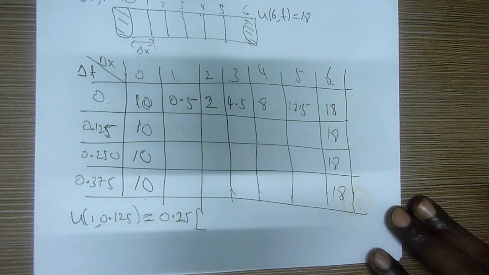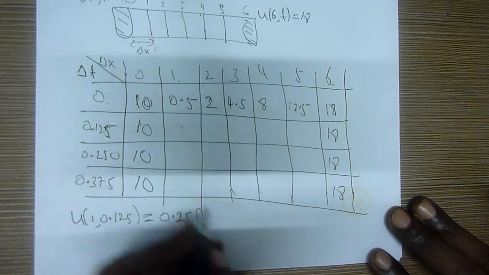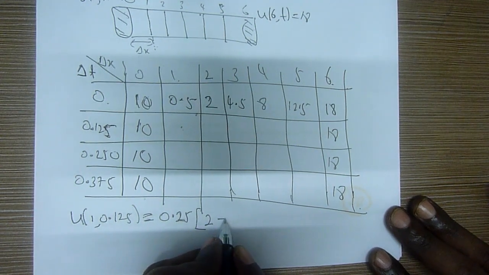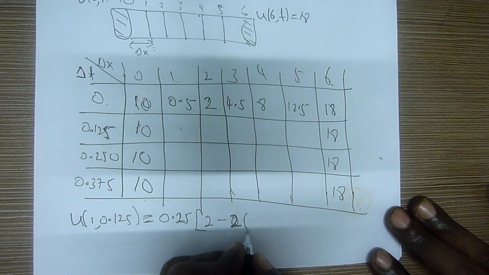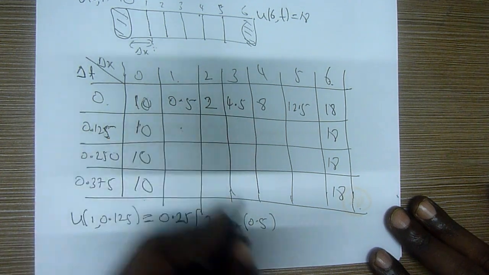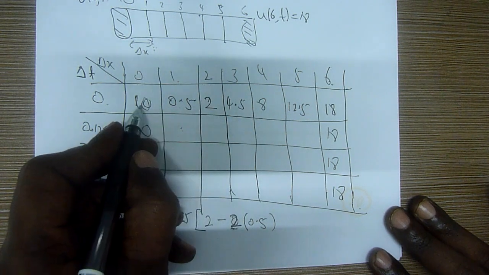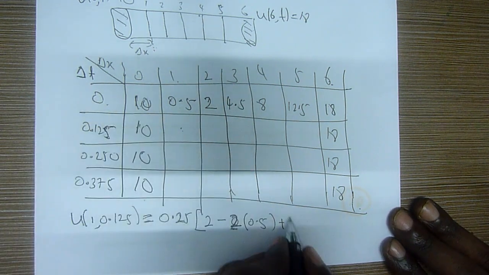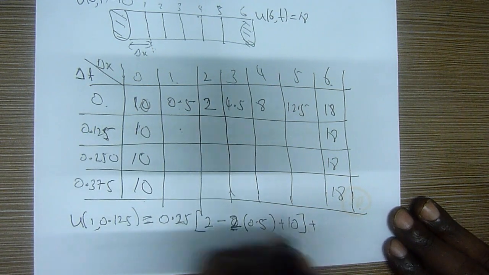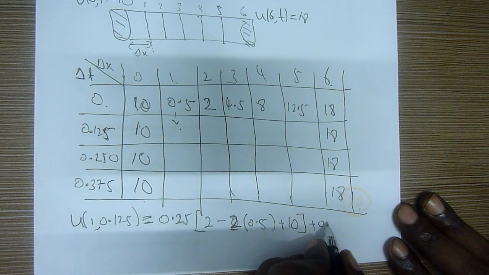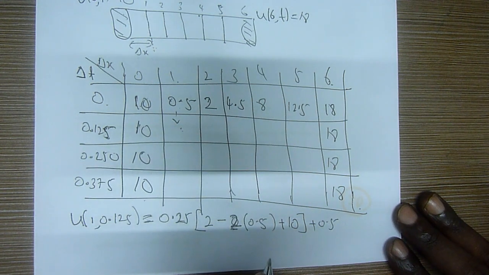Okay, the first one, pull 2, here, 2, done, minus 2, 0.5, this one. Why do I pull times 2? 2 is fixed. This one plus 10. Plus this one again, come back, 0.5. Therefore, you will get the logic.